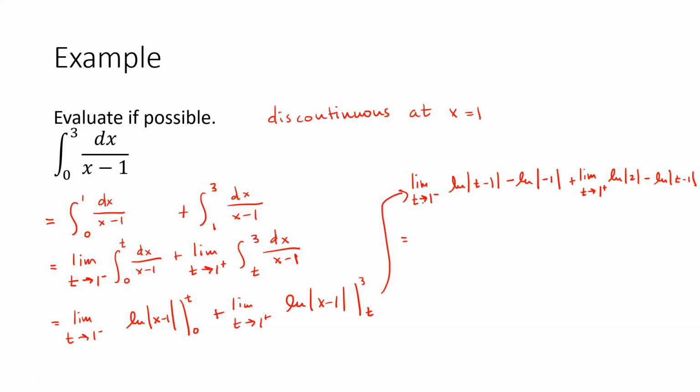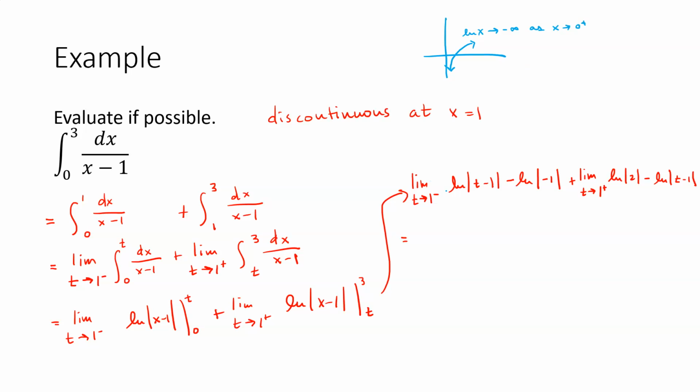Okay, so now evaluating each of these limits, I know that ln of t minus 1 will be approaching ln of 0. Keep in mind that ln of 0 is undefined, and we know that as the graph approaches 0, ln x goes to negative infinity, right? So ln of x goes to negative infinity as x approaches 0 from the right.